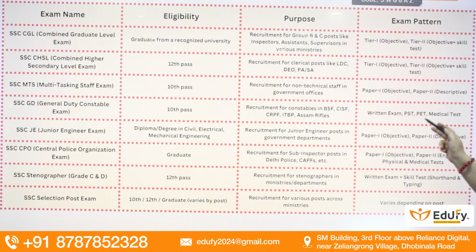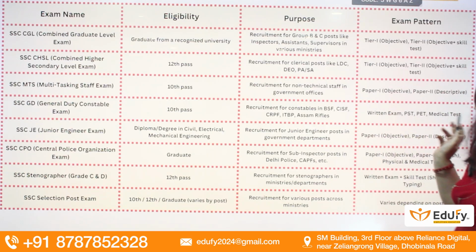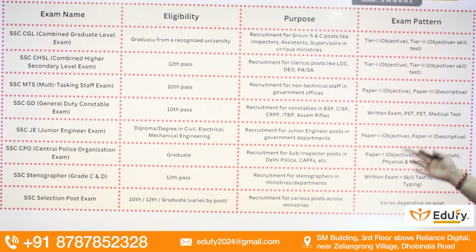The GD exam has a written exam and multiple tests, PST, PET, and finally a medical exam. Next, the Junior Engineer exam has paper 1 and paper 2, objective and descriptive, with a similar pattern. Stenographer requires shorthand and typing skill also. So you can see this table.